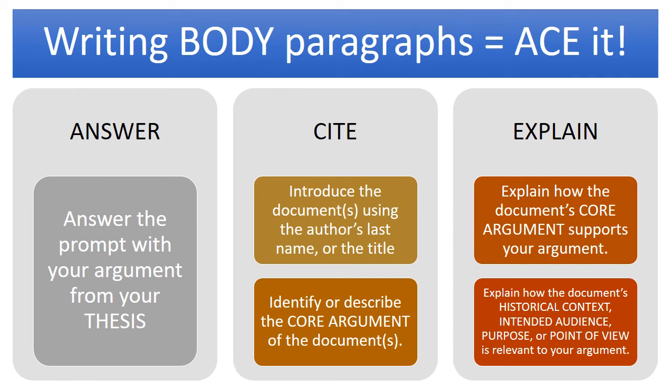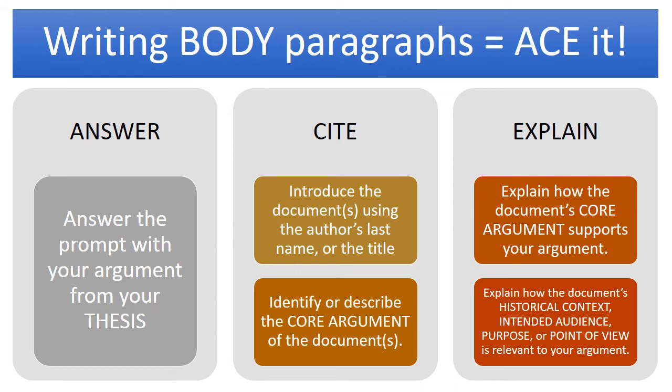In the cite portion of your ACE, you're going to introduce the document using the author's last name or the title of the document. Do not say document 1 or according to document 2. Introduce the actual document. Then you're going to identify or describe the core argument of that particular document.